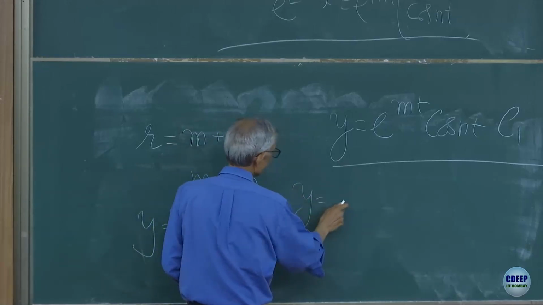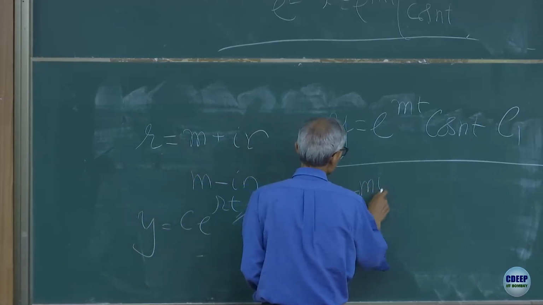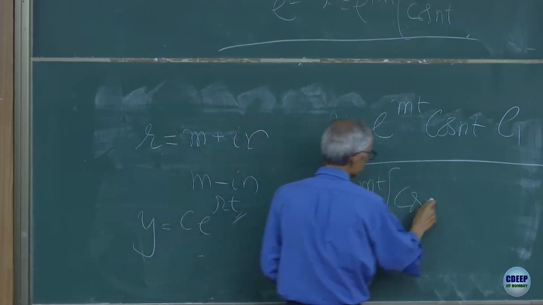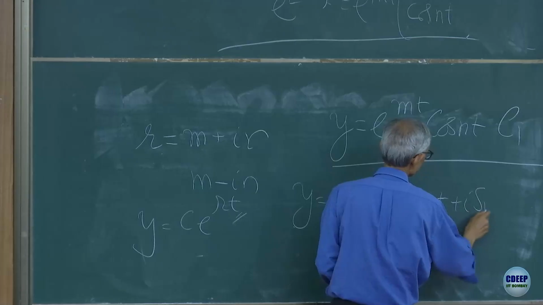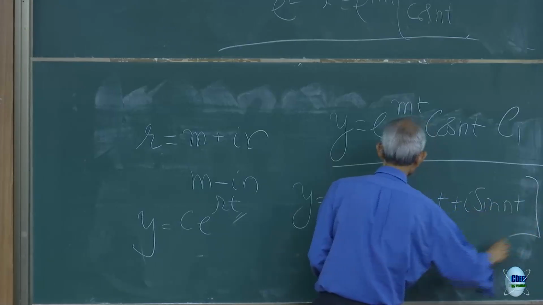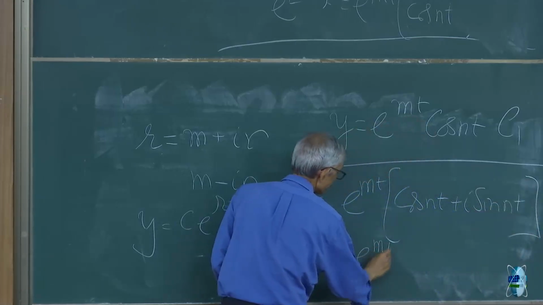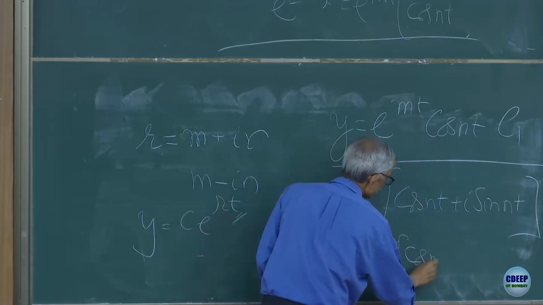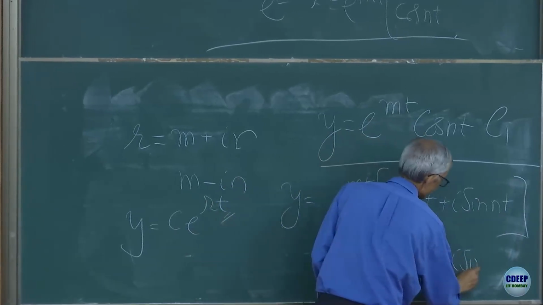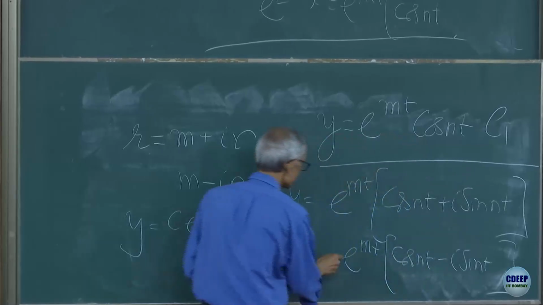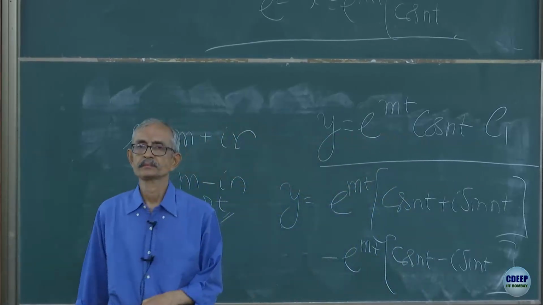going to be e to the power of mt cos nt plus I sin nt, and e to the power mt cos nt minus I sin nt. I'm going to subtract these two guys now.